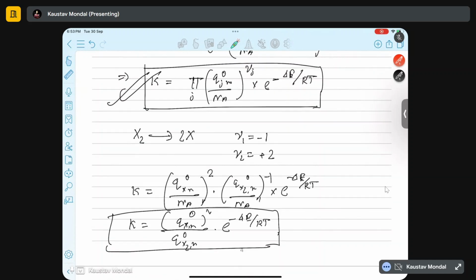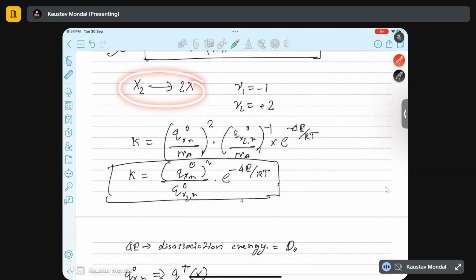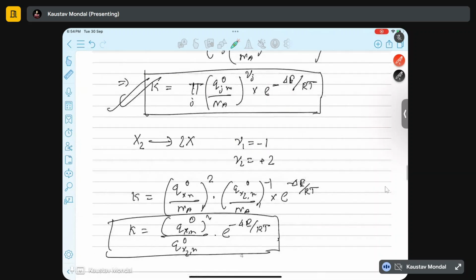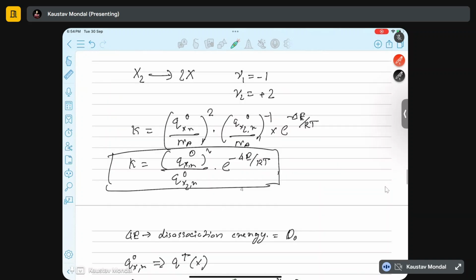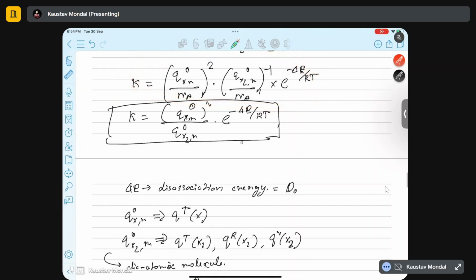To see how things work, we first took a very easy example, where X2, a diatomic molecule, dissociates into two X atoms. For this reaction, the stoichiometric coefficients are nu1 equal to -1 and nu2 equal to +2. We substituted these coefficients into the equation of the equilibrium constant, and from there we got this expression of the equilibrium constant.